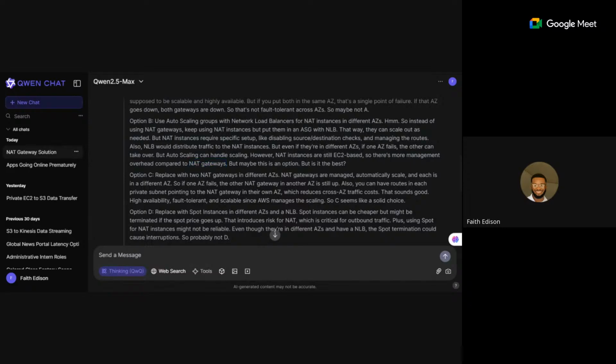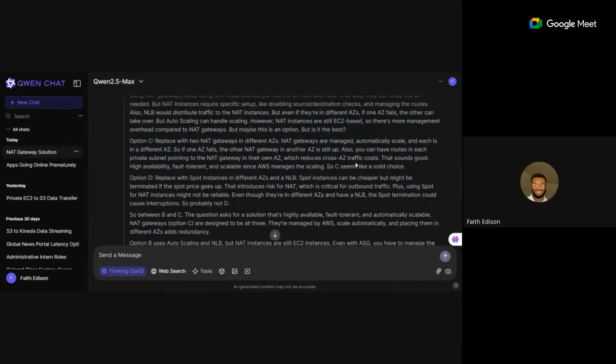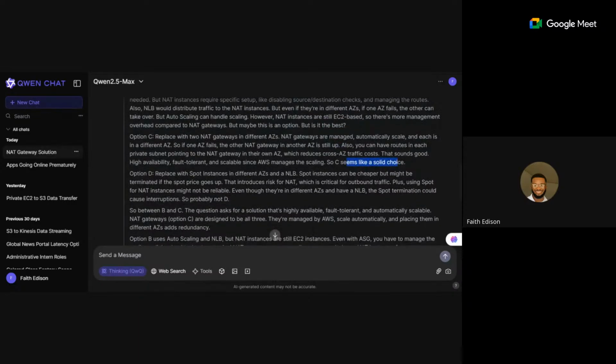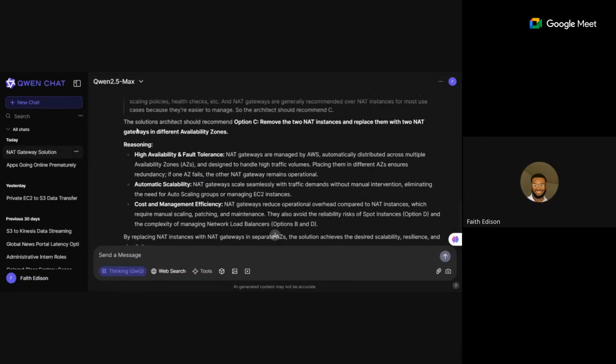So they said maybe an option, but this is the best. Seems like a solid choice. Managed by AWS, automatically distributed across multiple AZs and designed to handle traffic volumes.